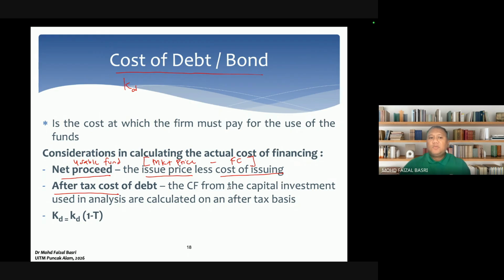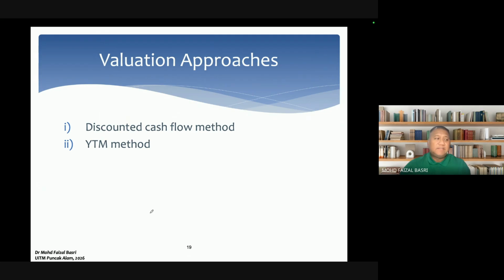Okay, so because of that, there are two ways macam mana nak kira the KD ni tadi, the cost of debt. Right. To simplify everything, we're not going to look at the DCF method. DCF ni discounted cash flow. Discounted cash flow ni kita tak tengok lah. Reason kenapa? Satu, it's more complex. Okay. And dua, if you have financial calculator contohnya, memang senang je nak guna DCF ni.